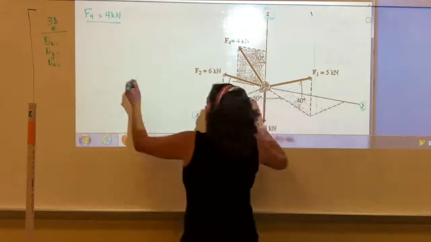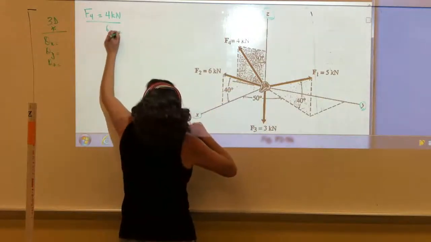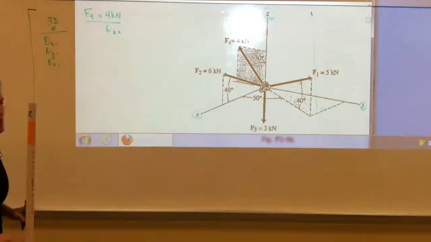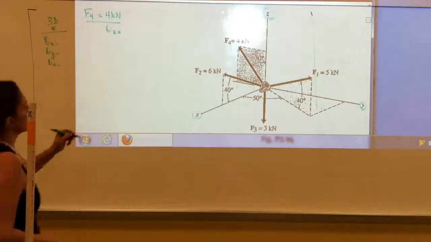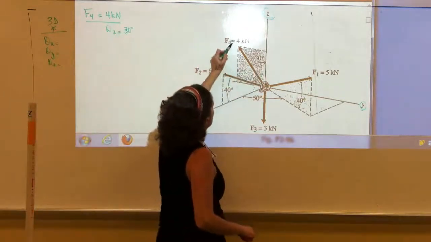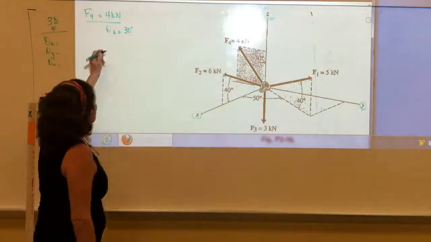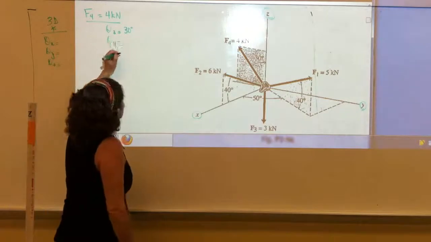So let's look at the one that's given. What is that 30 degrees there? Is that theta x, theta y, or theta z? It's theta z, and the reason why is it's the angle between the force in question and the positive z-axis. So what does that mean about theta y?